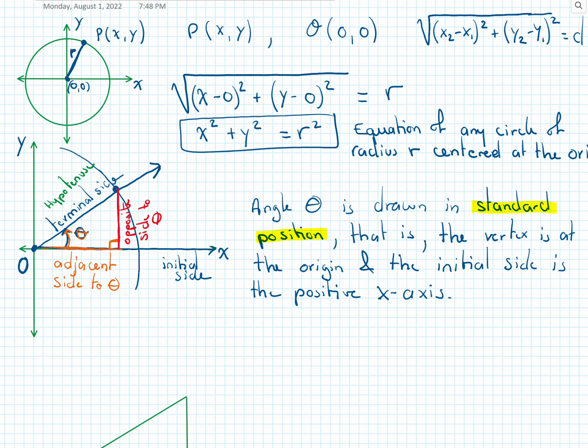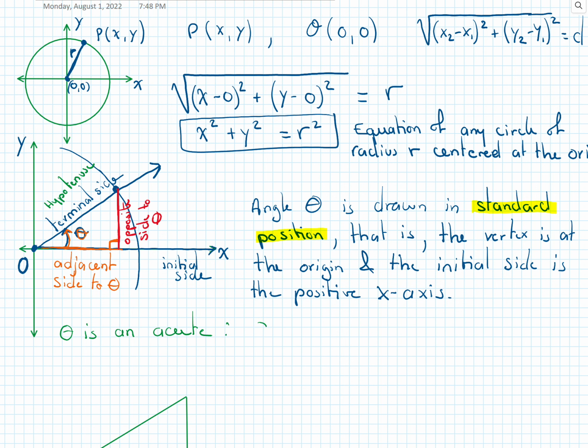Okay, so that's a whole bunch of review of vocabulary that we're going to use, and we need to be able to use it fluently. We are knowing what we mean when we say all of those things. My angle theta that I drew is an acute angle. And what does that mean?